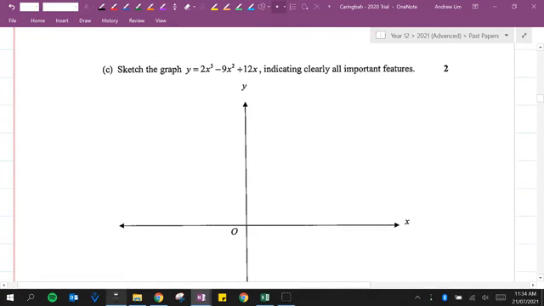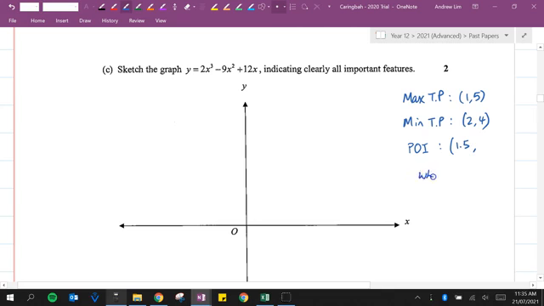Okay, part C. Sketch the graph y equals 2x cubed minus 9x squared plus 12x, indicating all important features. I'm going to write down the important features first. I know that there's a maximum turning point at (1, 5). I know there's a minimum turning point at (2, 4). And I know that there's a point of inflection at x equals 1.5. I just don't know what y is. So let's work that out.